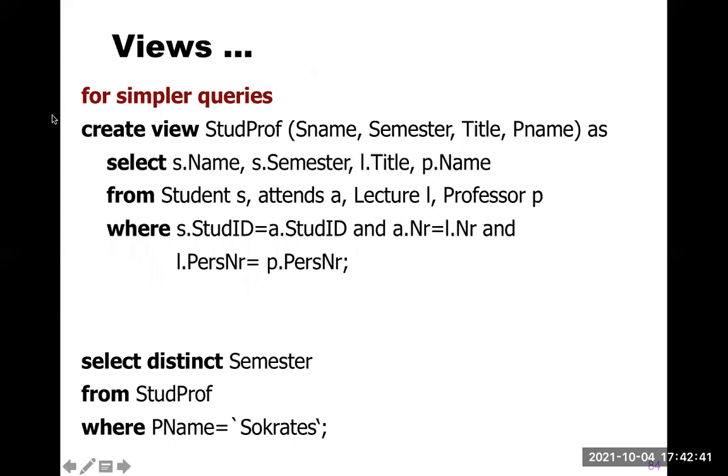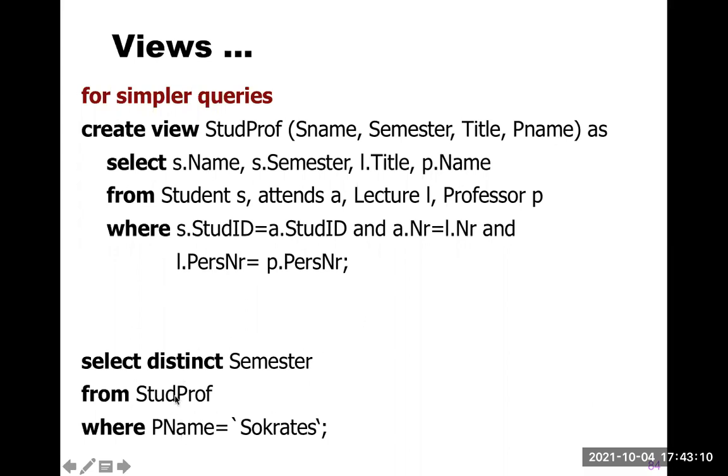The other way is to make our queries simpler. I may perform multiple joins, do it correctly, check everything, and then store this query with multiple joins under a new name. This is just syntactic sugar, or simpler queries. Then I just use this stat.prof table with student name, semester, title, and professor name as a shortcut.